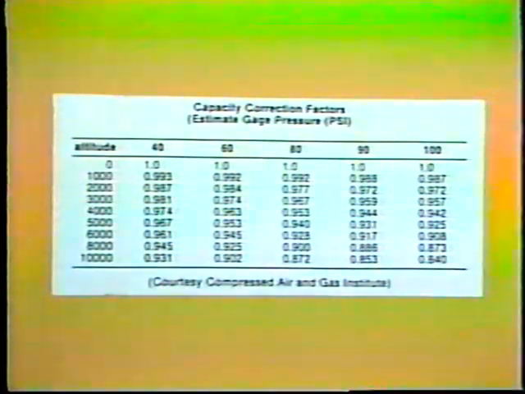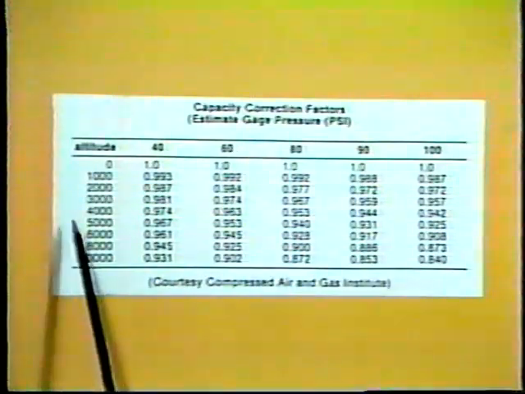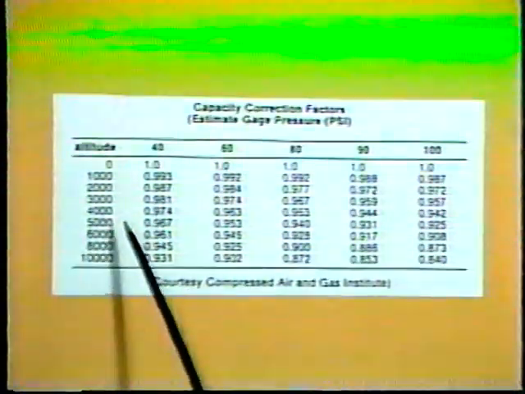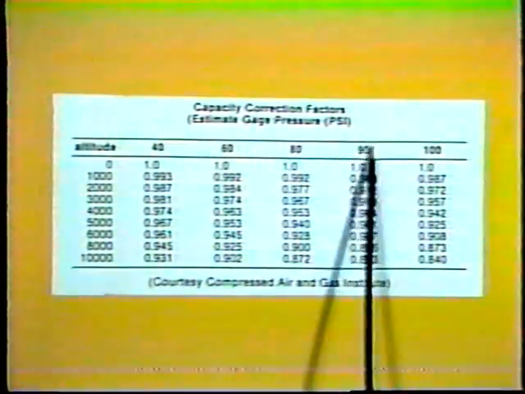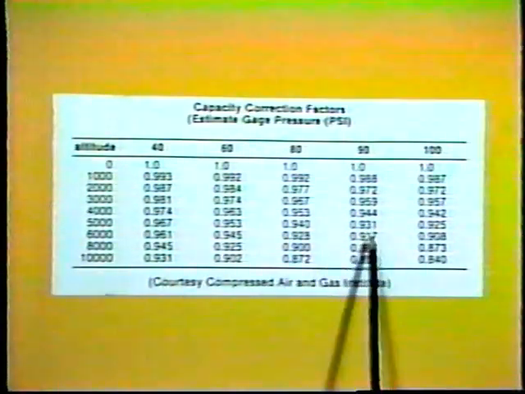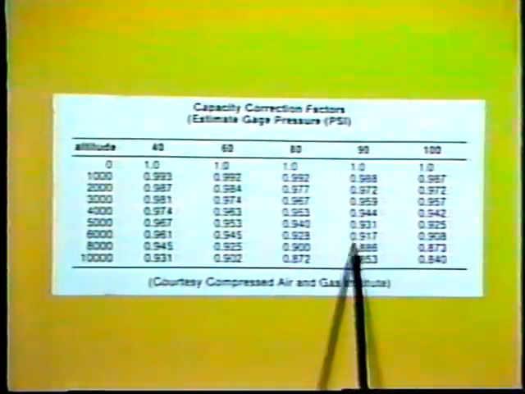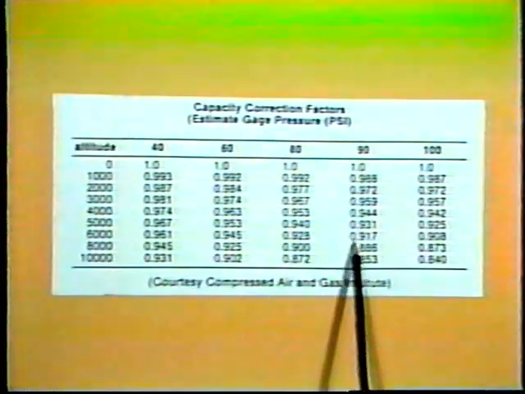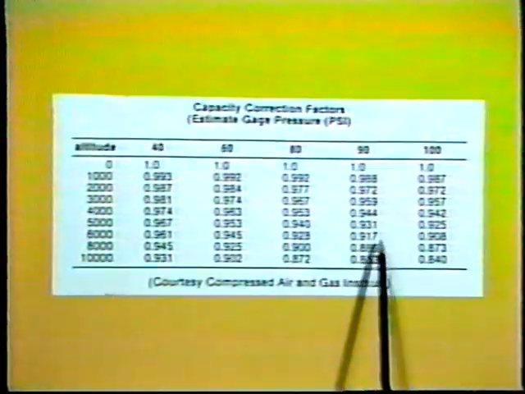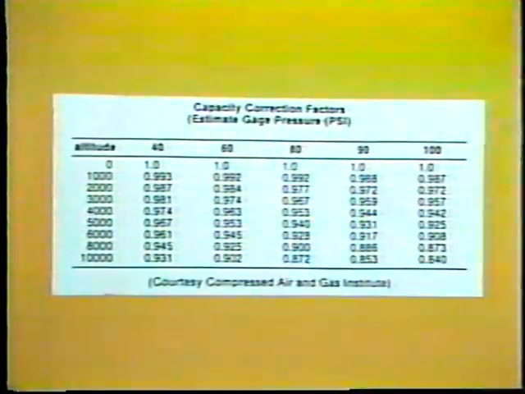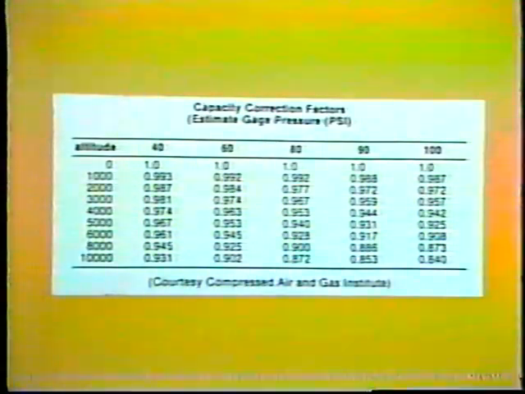For example, if you were in Denver, which is about 1 mile above sea level, and had a system operating at around 90 psig, the capacity of the compressor in your system would be reduced to 0.917 of its rated value, almost a 10% decrease.